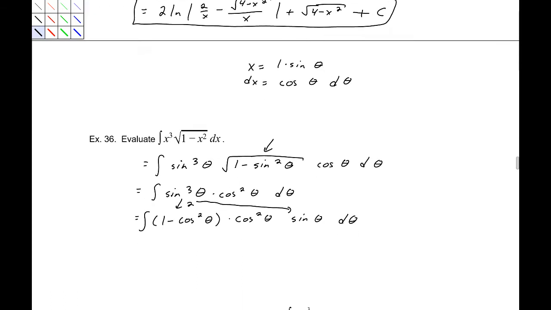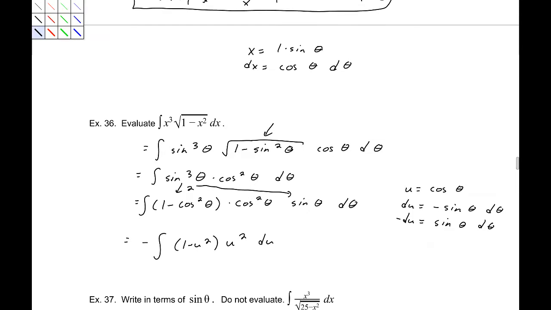All right, now I'm going to do a u substitution. If I make u cosine, because I have a single sine hanging out there, u is cosine, du is negative sine theta d theta, so negative du equals sine theta d theta. This is going to be negative integral of 1 minus u squared times u squared du.